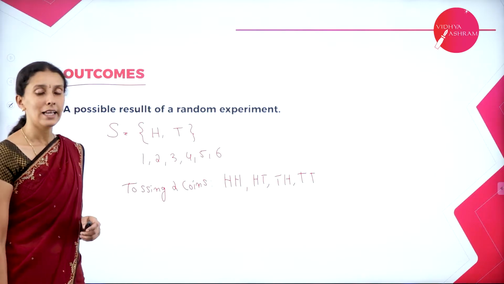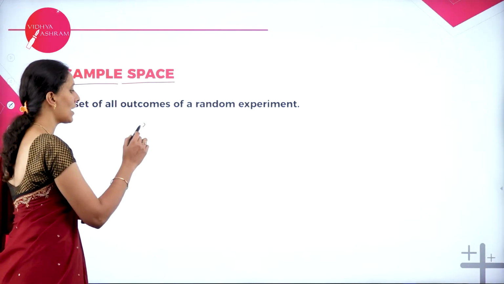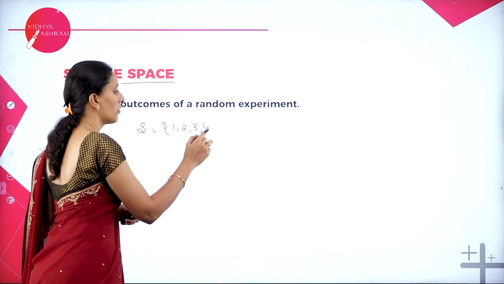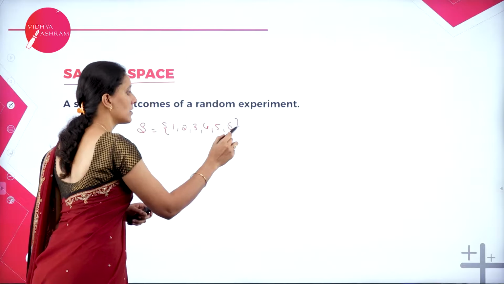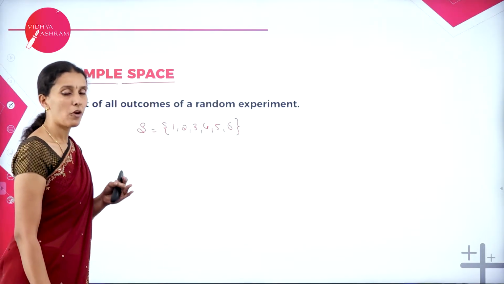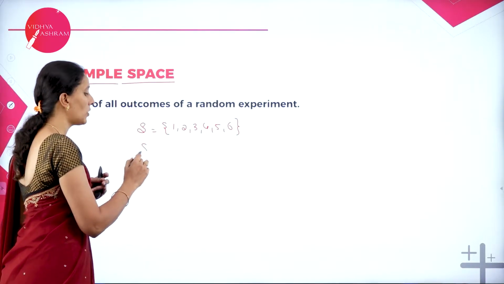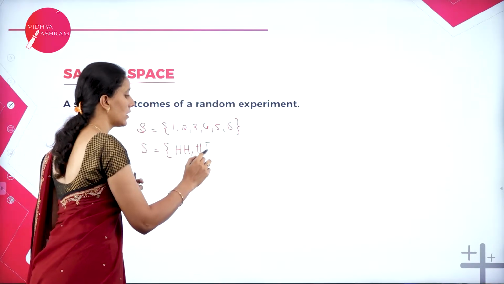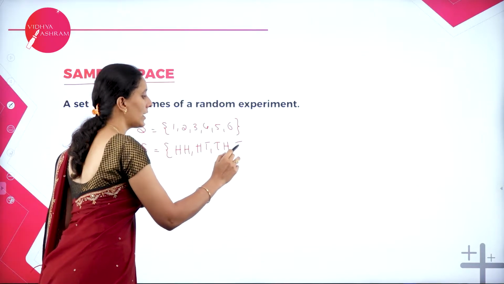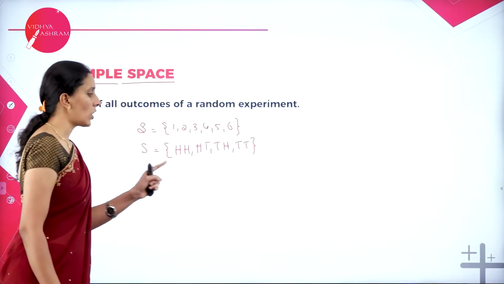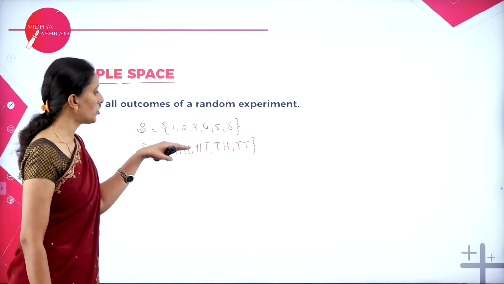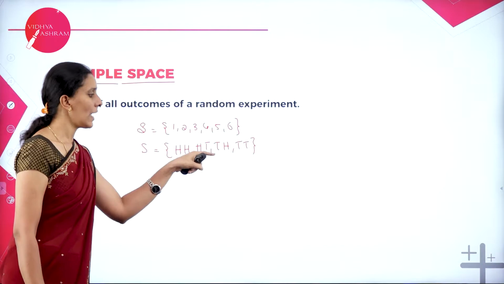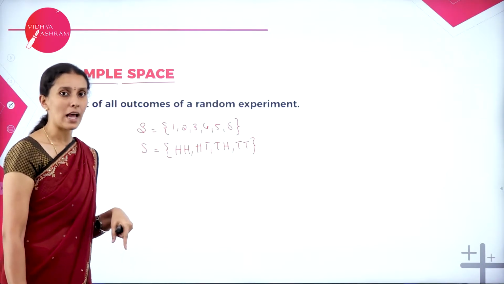So let us take an example of throwing a die. Then I can write it as {1, 2, 3, 4, 5, 6}. So this is an example of writing a sample space. Tossing 2 coins may be written as {HH, HT, TH, TT}. So these are the outcomes which you will write in the form of a set, that is called the sample space, and the elements inside it are called sample points.